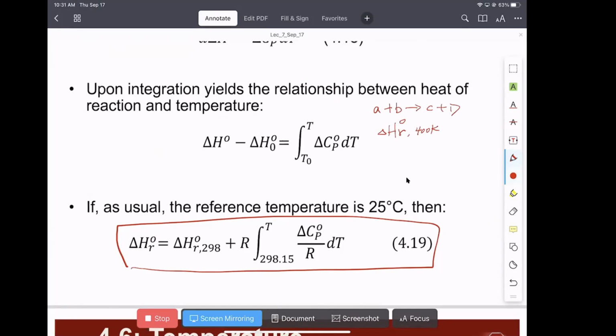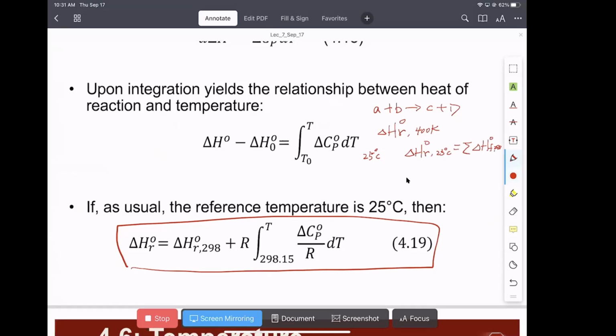So we start with the 25 degrees C. Over there, I have this delta H at 25 degrees C at a standard state, which is the summation of H formation at the same temperature and standard state.